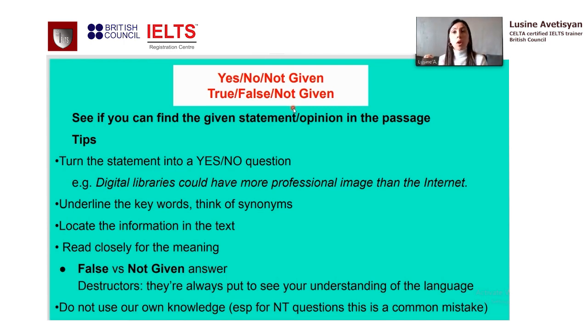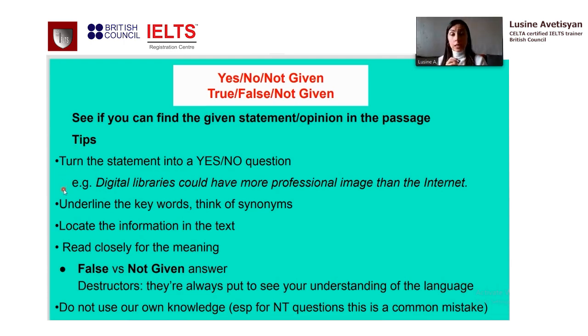So you are going to see some mention of the question in the passage. However, when you want to make sure that it is true or false, you still hesitate to answer. And when you hesitate to answer and you're not 100% sure, remember that it's just a not given answer for reading. Okay? We will see this, of course, in practice as well.